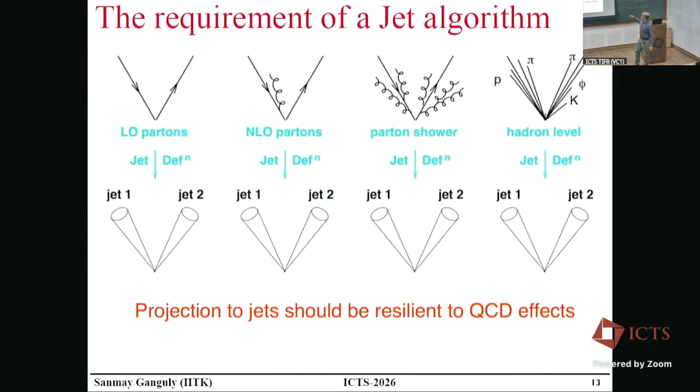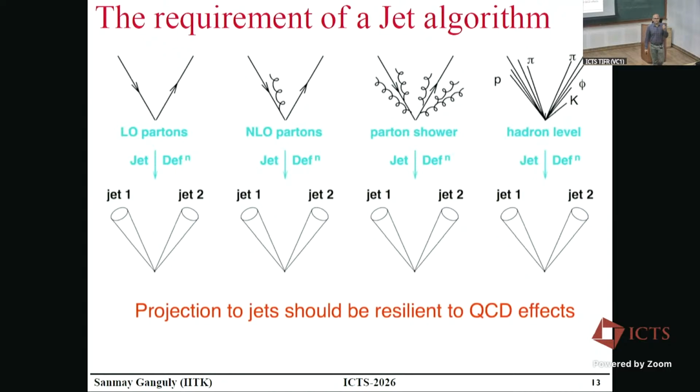This is a process which we can compute at least up to here in perturbation theory, right? Now, of course, what we see in the detector, at least before entering the detector, is a bunch of stable particles. Given the stable particles, how will you club these particles into a jet?